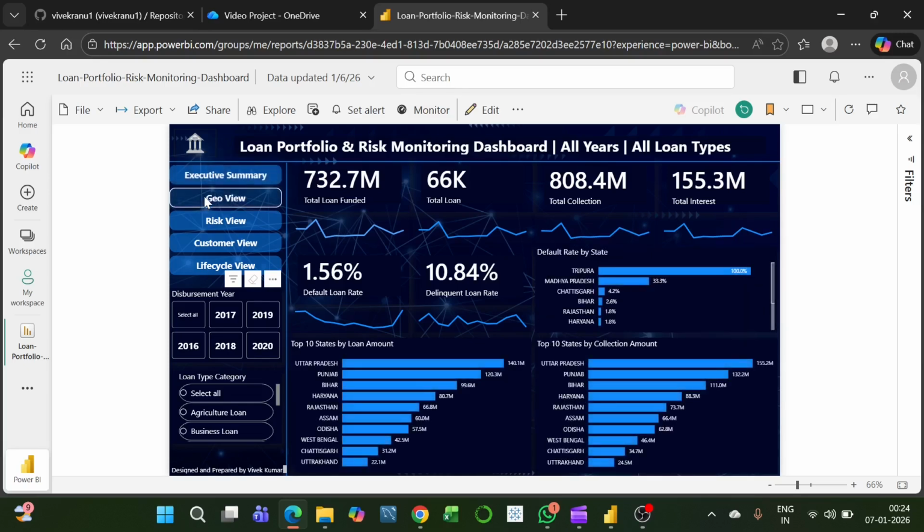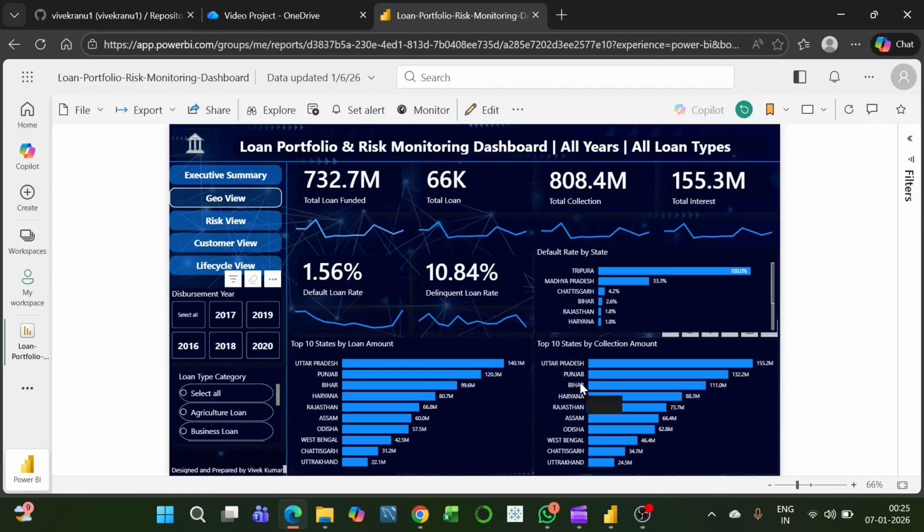Now, let's look at the geographic view. In lending, geography plays a major role, right? Especially in risk exposure due to differences in economic activity, income stability, and recovery behavior. This map and supporting visual show loan disbursement by state, and default and delinquency concentration by region.